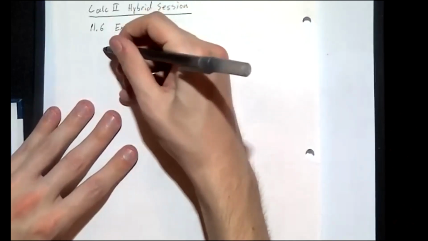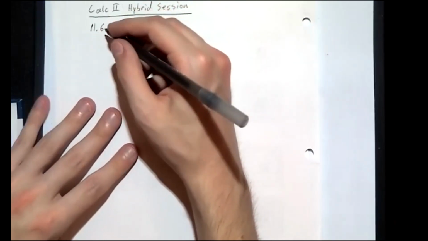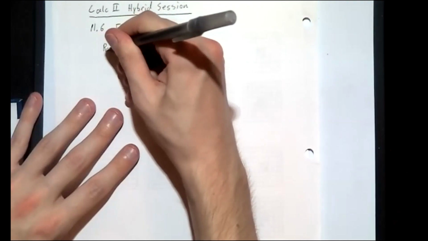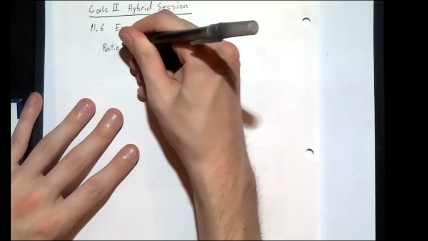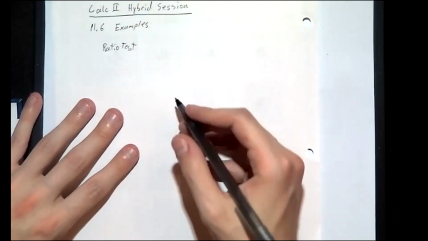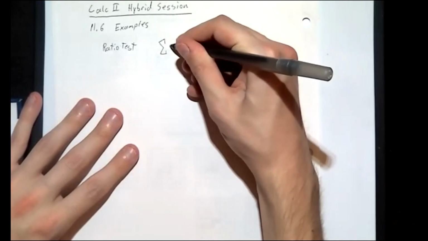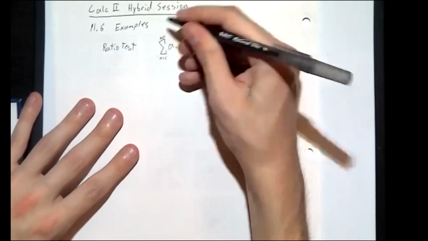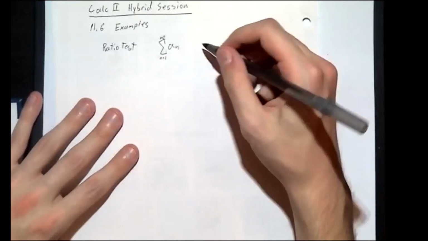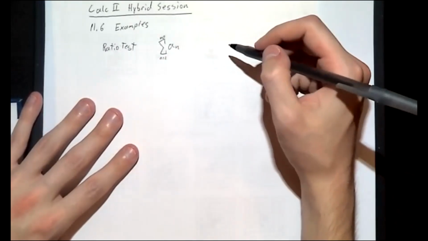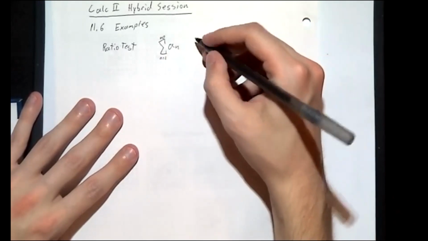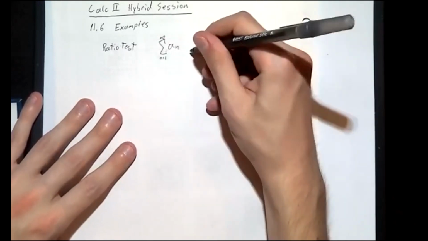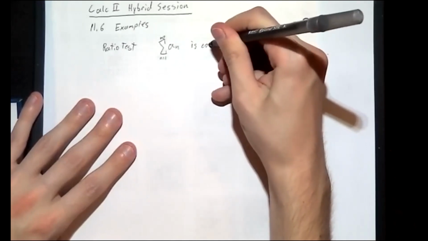All right. So simply put, the main subject of the ratio test is showing that for a series, a sub n, it has a limit, so it is convergent.